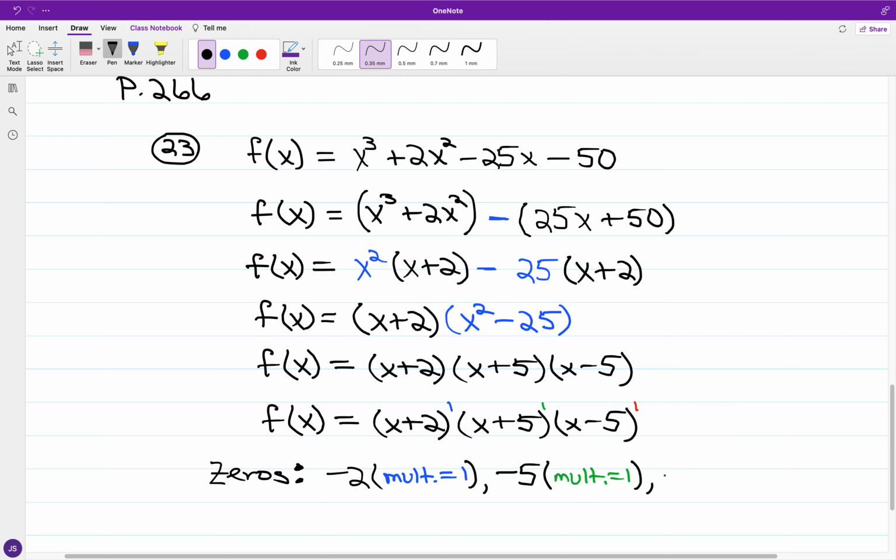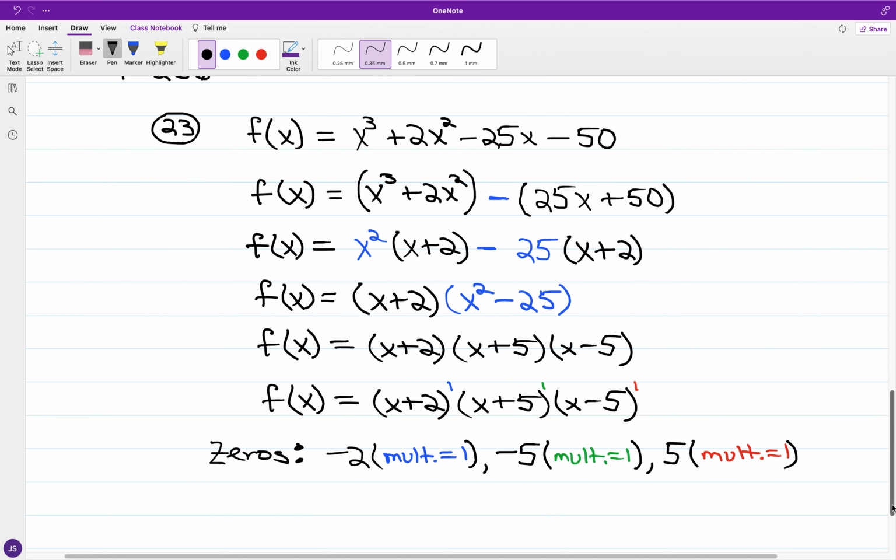And for x minus 5, okay, so we have positive 5, and since the corresponding factor is a first order, we have the multiplicity also land at 1. So in this outcome, we have 3 distinct zeros, but each one of these will have a multiplicity value of 1.